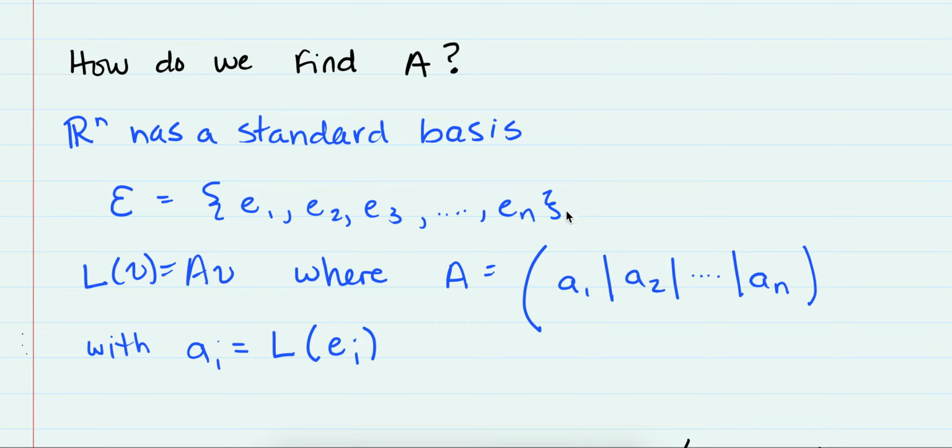And what you get, you put here as a column vector. Then you take E2, plug it into L, see what you get and put it here, and continue that process.